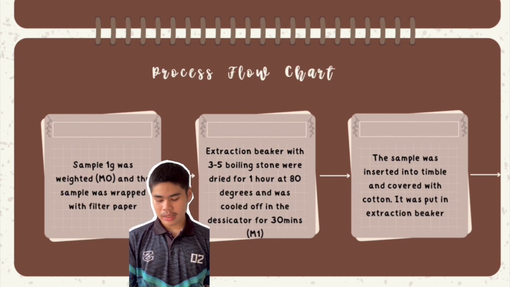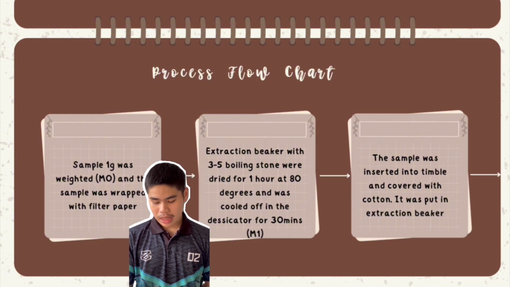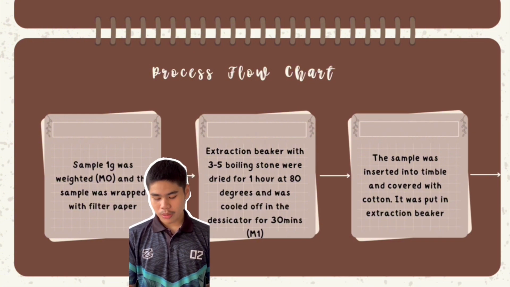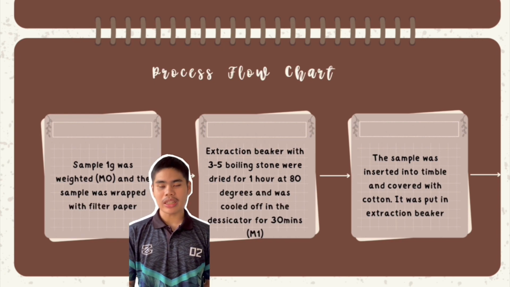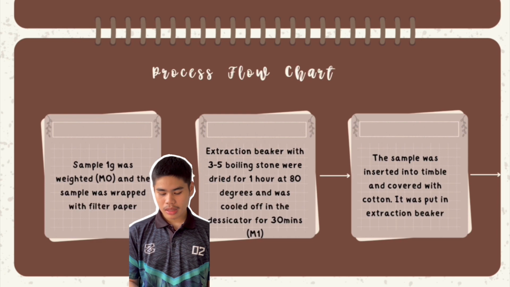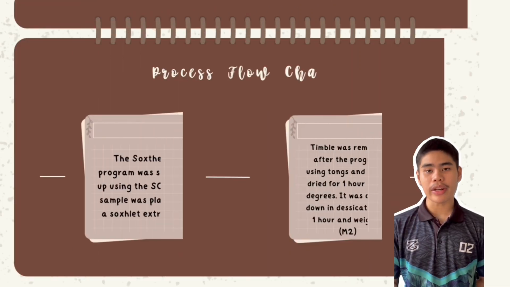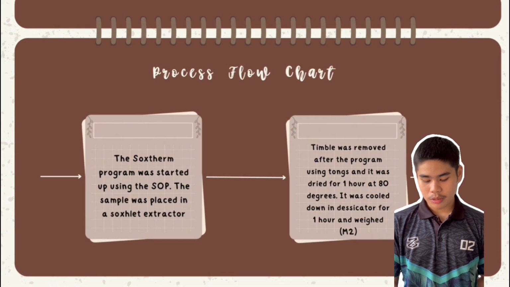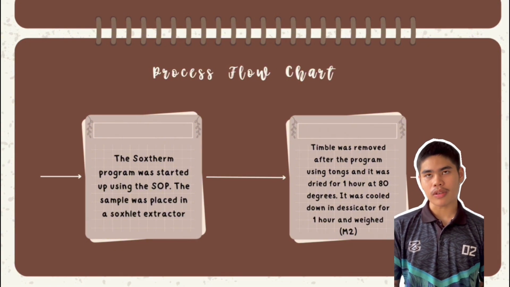And third, the sample was inserted into the thimble and covered with cotton. It was put in the extraction beaker. And then the Soxhlet program was started using the SOP.